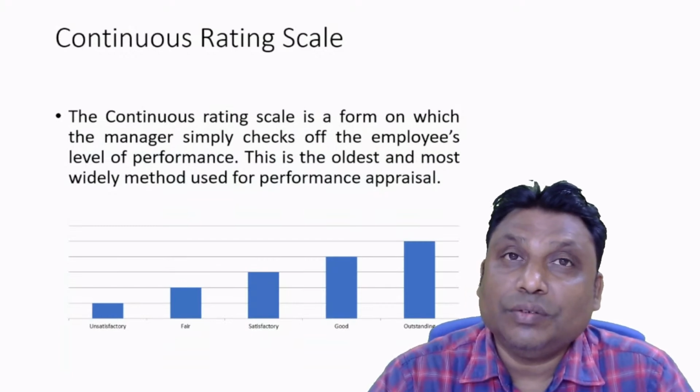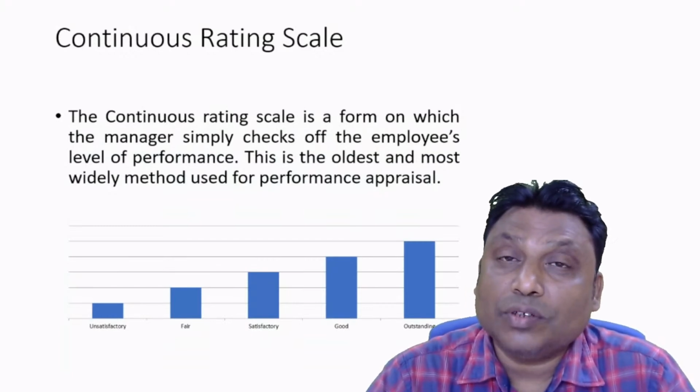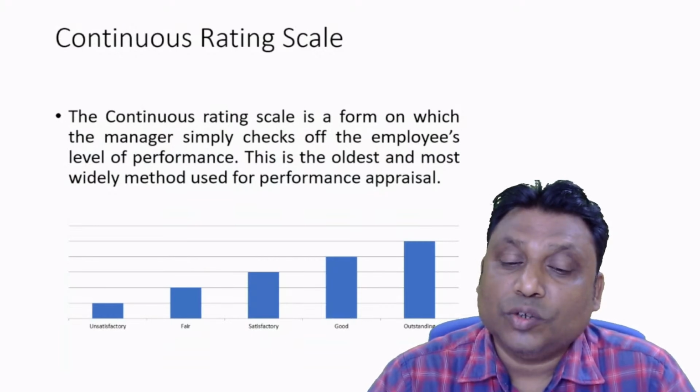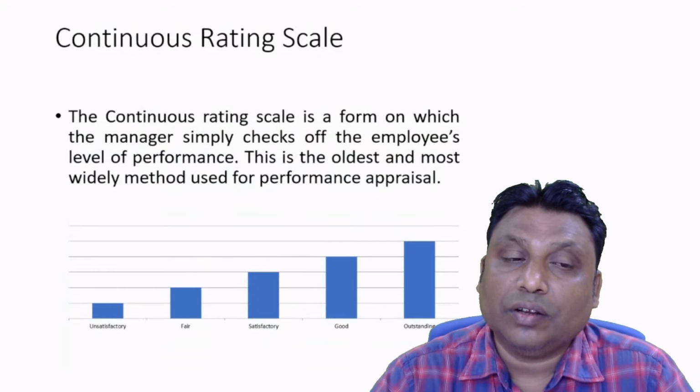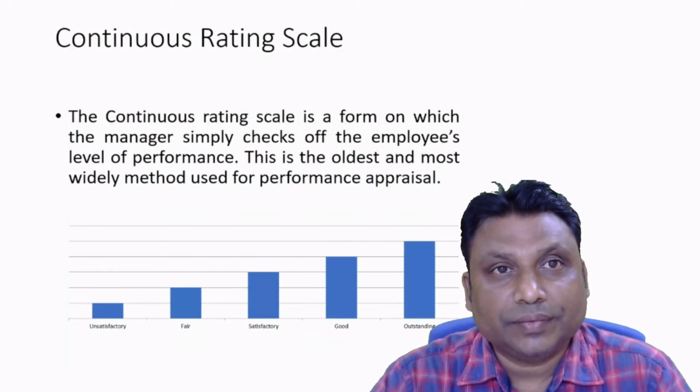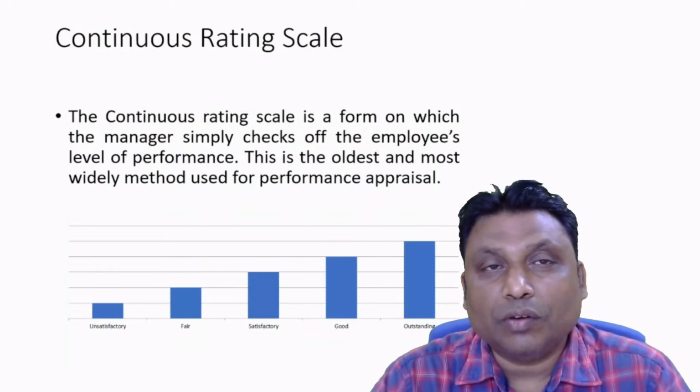Yes or no? So this will depend on why it is outstanding; they will give the answer. So outstanding, good, satisfactory, fair, and unsatisfactory will depend on the performance of the organization. What should be the inputs and what will be the outputs?